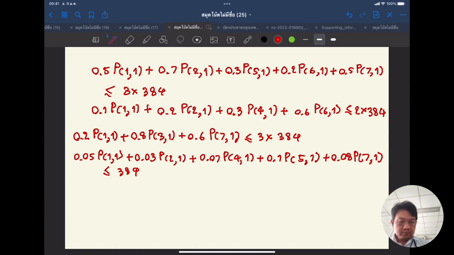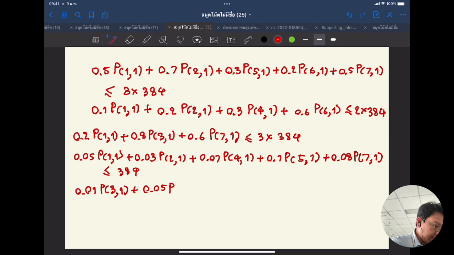Okay. And the last one, for planing, we need 0.01 for product 3. We need 0.05 for product 5.